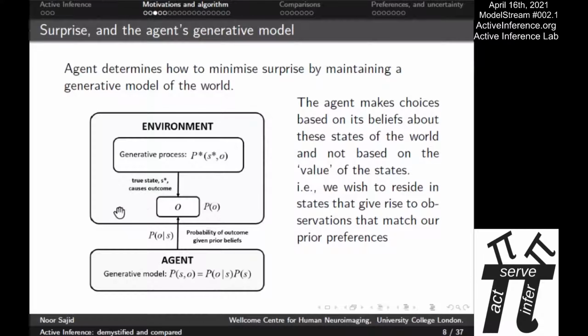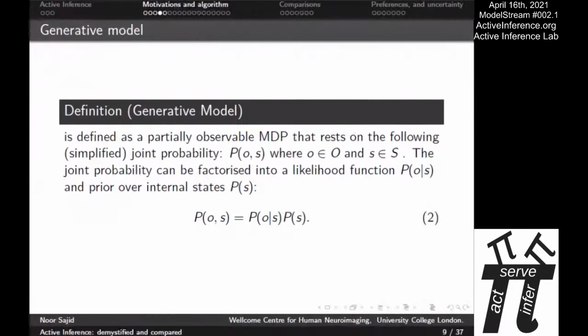Okay. So if we were to think about this a little bit more formally, what is the generative model? As we described before, a generative model is a partially observable MDP within this active inference formulation, which rests on a simplified setting that we're considering here, where we only have two random variables. The first one is O, that we've discussed, and the second one is S, where S denotes a random variable representing hidden or latent states, and they exist within a finite set of all possible hidden states, which is denoted by capital S here.